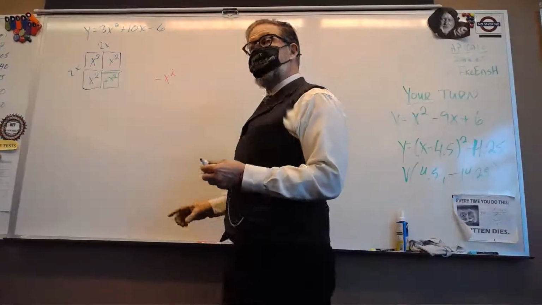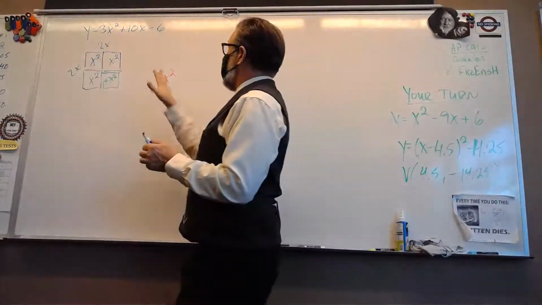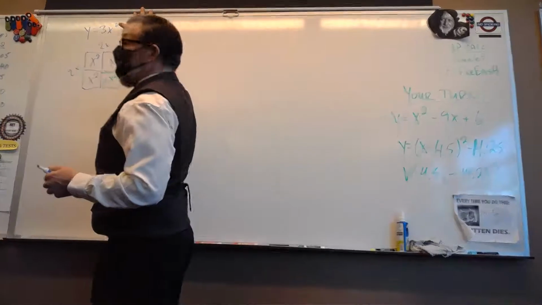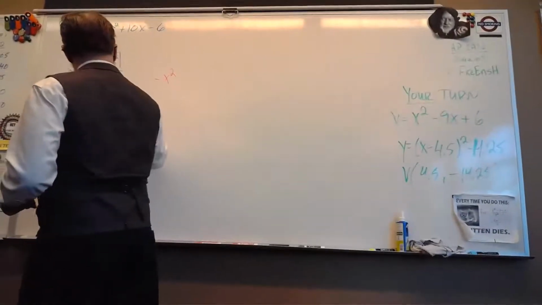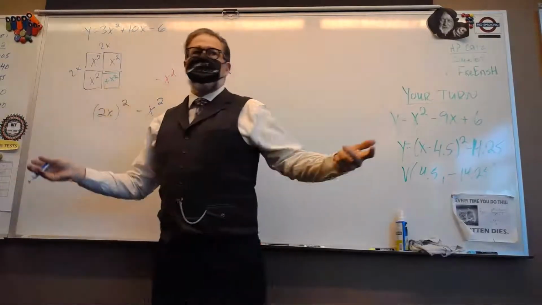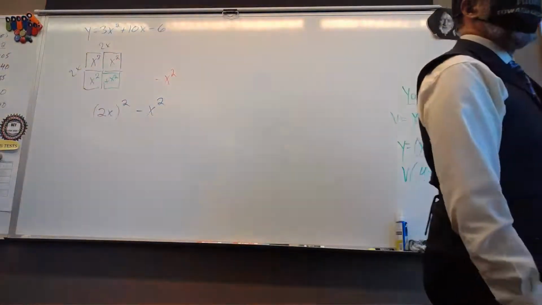When I write this, ignoring the 10x and the minus 6 for now, what I get is 2x all squared minus x squared, which is in vertex form. So it's useless.